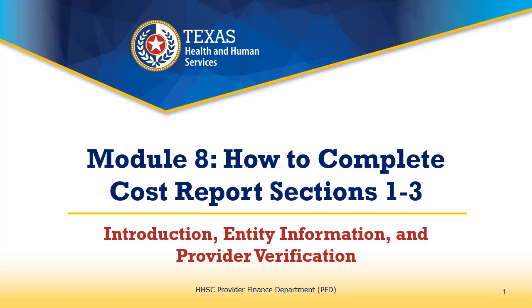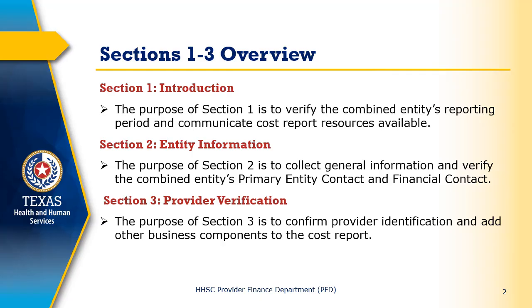In Module 8, How to Complete Cost Report Sections 1 through 3, we will provide an overview of the cost report, detailing its components and significance in completing the cost report. Let's begin with an overview of Sections 1 through 3. Section 1 of the cost report aims to verify the combined entity's reporting period and communicate cost report resources available.